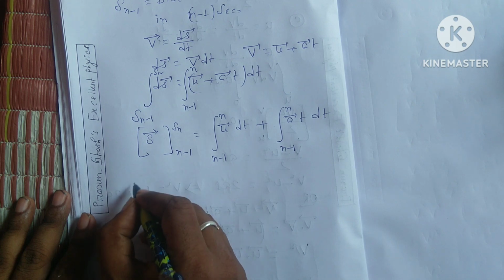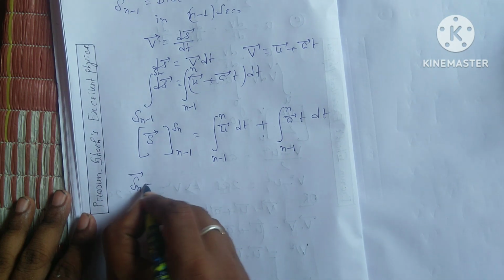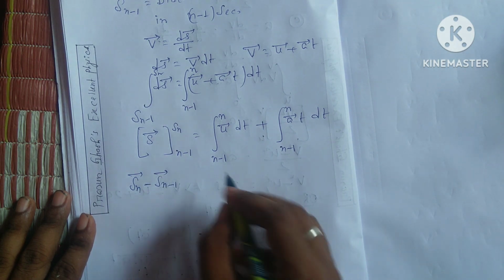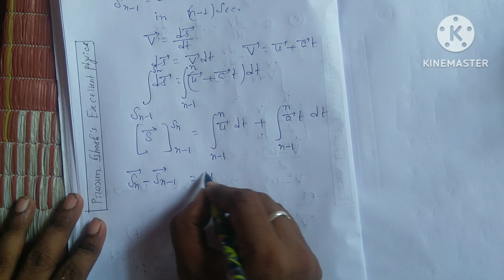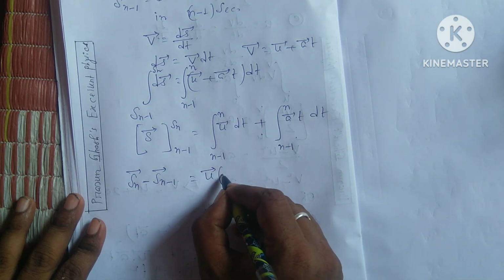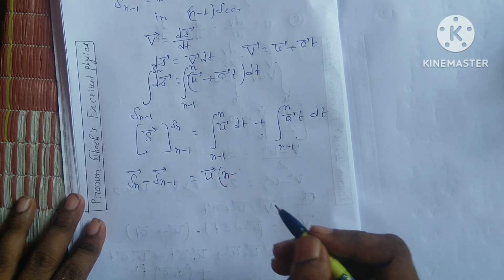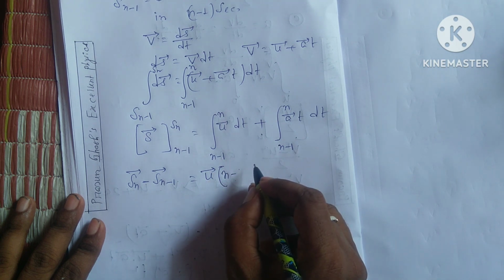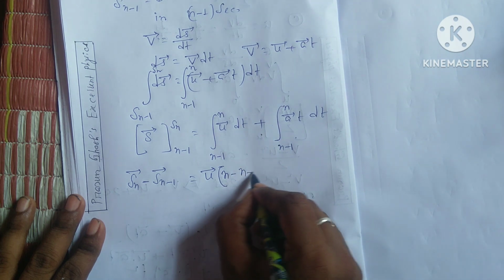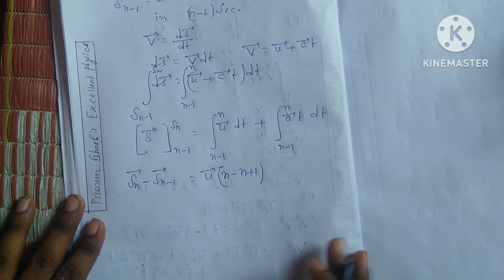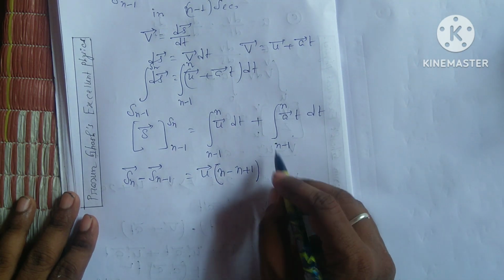So this is Sn minus Sn minus 1, and this is u, and a times n minus, that is n plus 1.